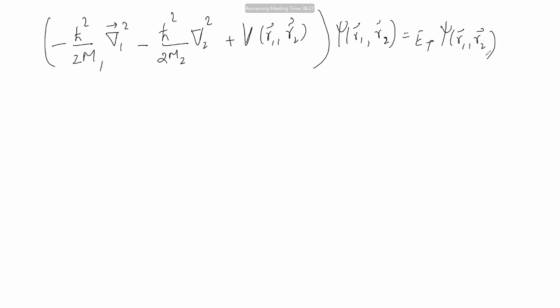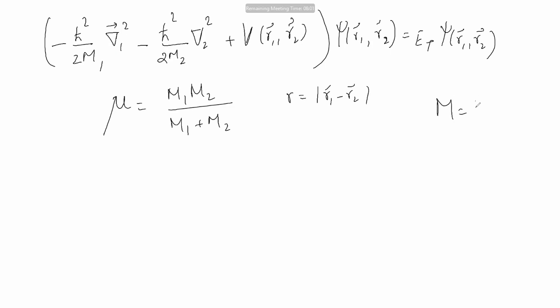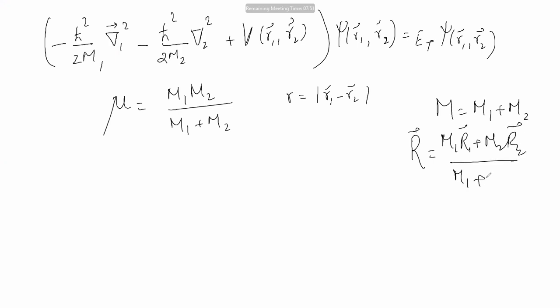Then what we generally do, as we have done in such two-body problems, is reduce to a single body problem by introducing a reduced mass and a center of mass, which we call m1 plus m2, and the center of mass coordinate as m1 r1 plus m2 r2 by m1 plus m2.